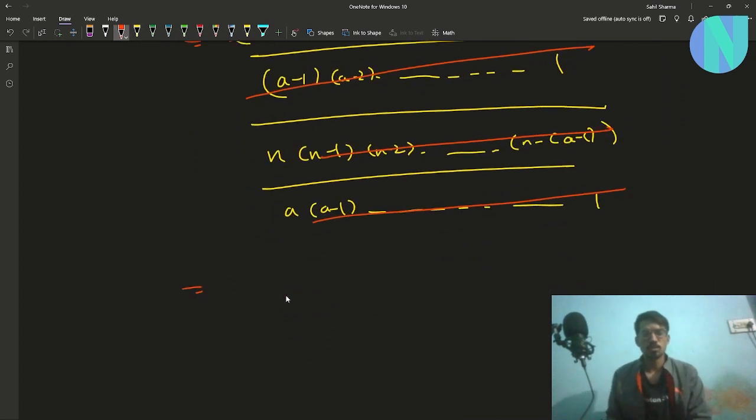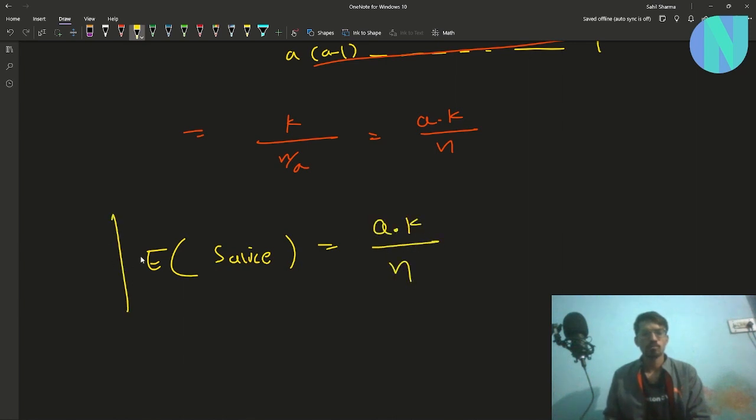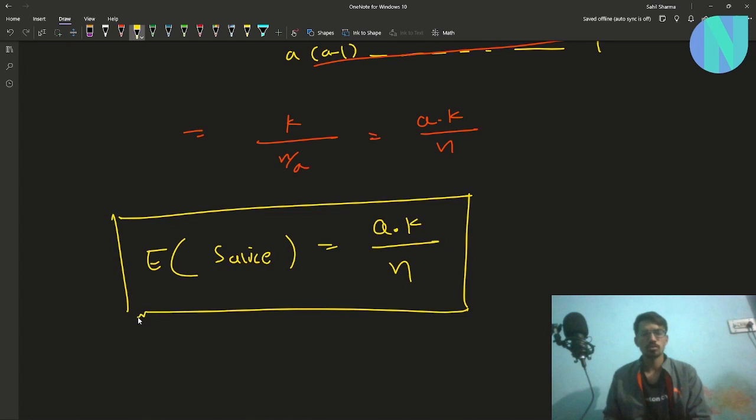So this just becomes k over n over a. This is just a into k over n, right? So your expected score of Alice is nothing but a into k over n, and that is your answer, right? So you just need to evaluate this expression under a modulo and that will be your answer.